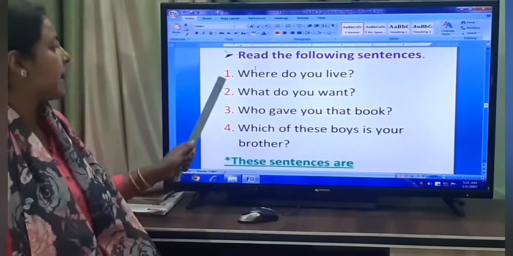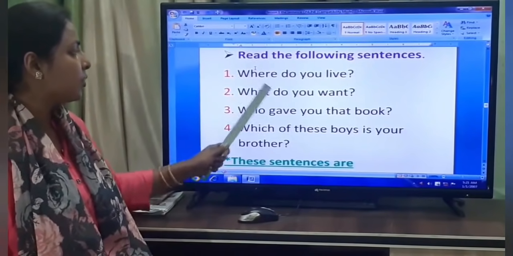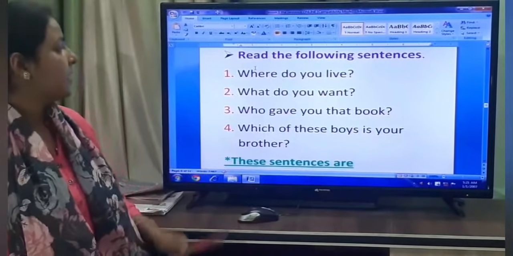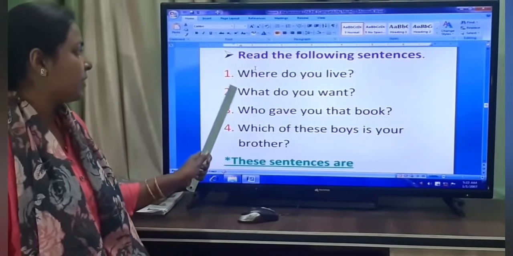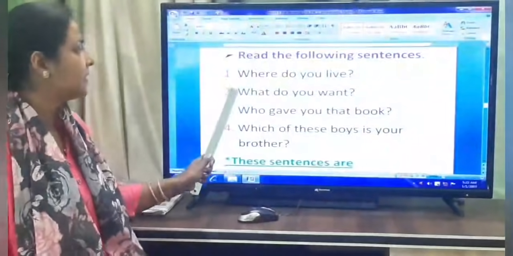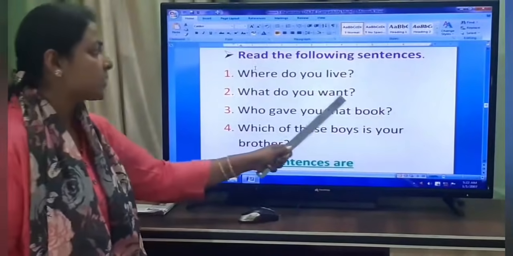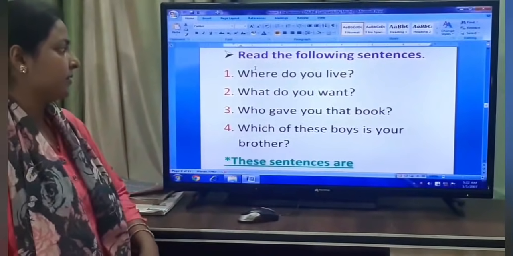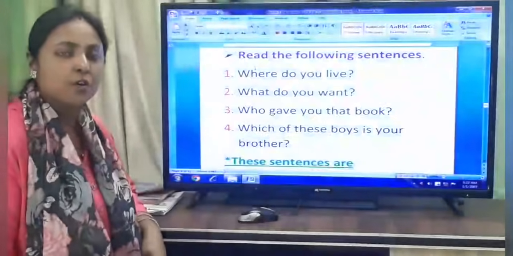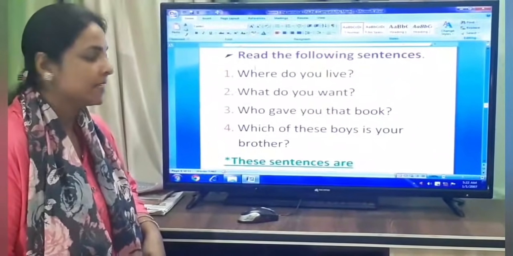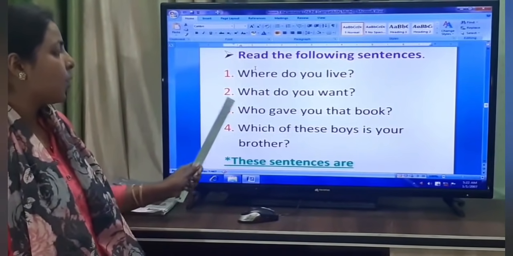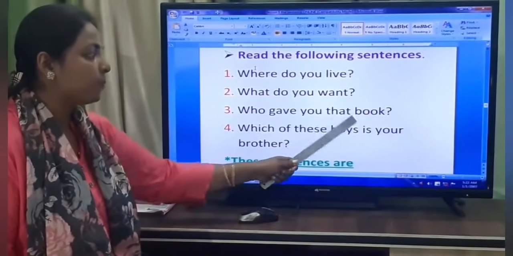The second example is, what do you want? The beginning of the word W, it starts with the capital letter and ends with a question mark. So which sentence is it? Interrogative sentence. The third example is, who gave you that book?